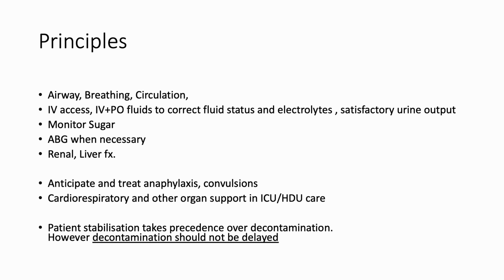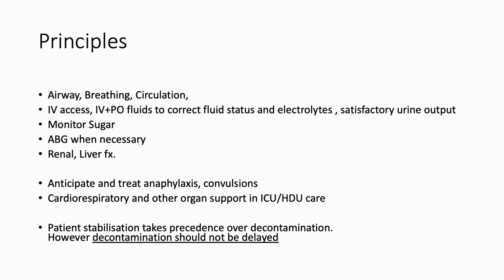convulsions. So patients who are critically ill or poisoned may need cardiorespiratory and other organ support, so they will need level 2 care, where you may need to put them in the intensive care unit or a high dependency unit. You ought to remember that patient stabilization should take precedence over decontamination.